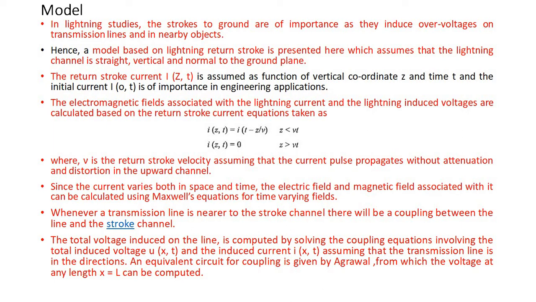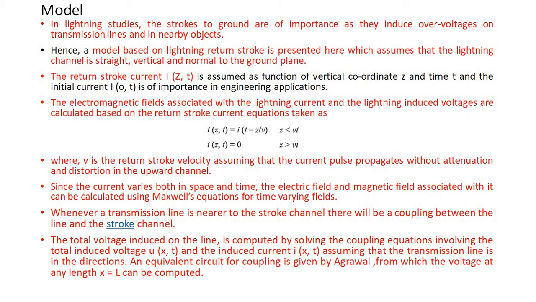The return stroke current is assumed to be a function of vertical coordinate z and time t, with initial current I0. The electromagnetic field associated with the lightning current, and the lightning induced voltages, are calculated based on the return stroke current equation as follows.